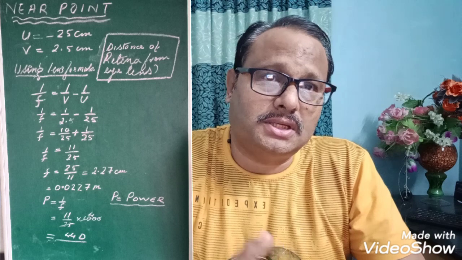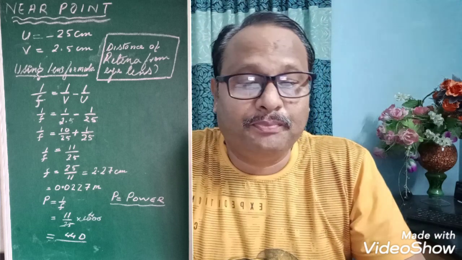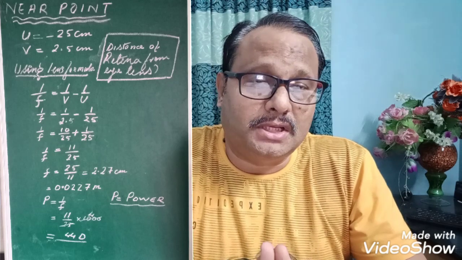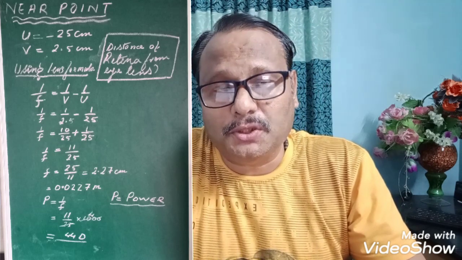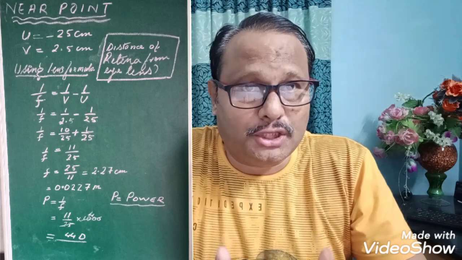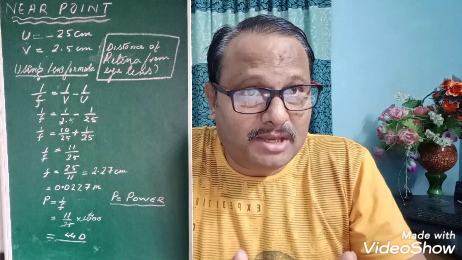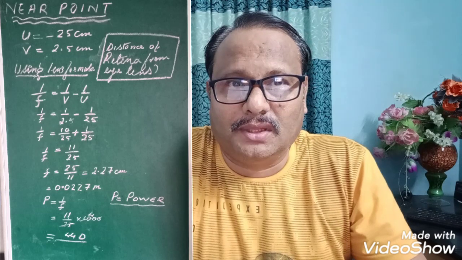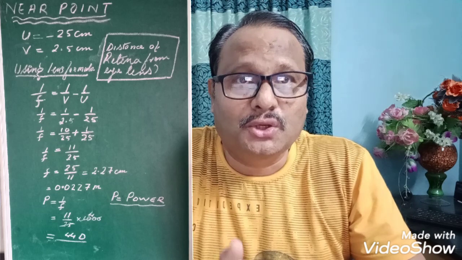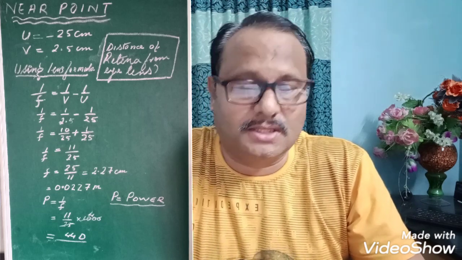Why minus? Because it is away from the lens. The image distance, that is the distance from the eye lens to the retina, is approximately 2.5 centimeter. So the image distance is fixed.